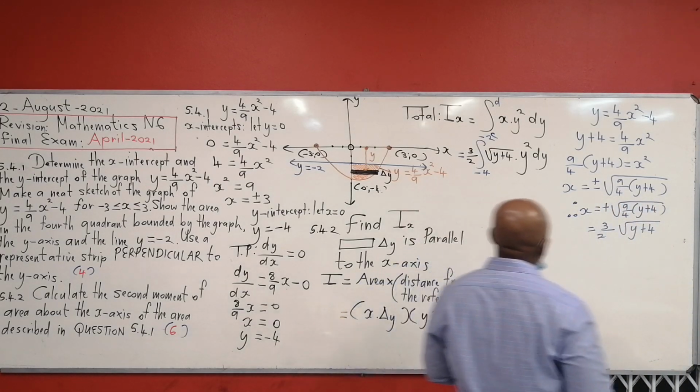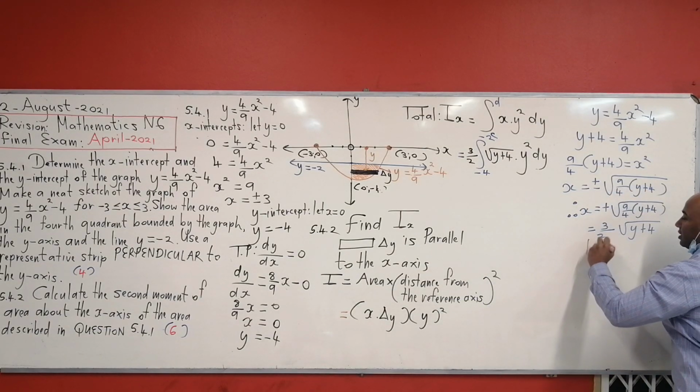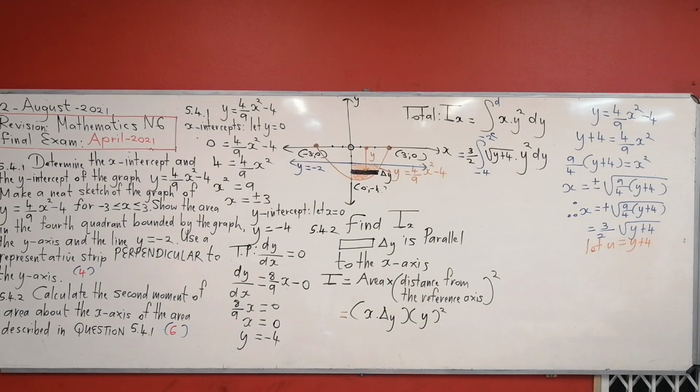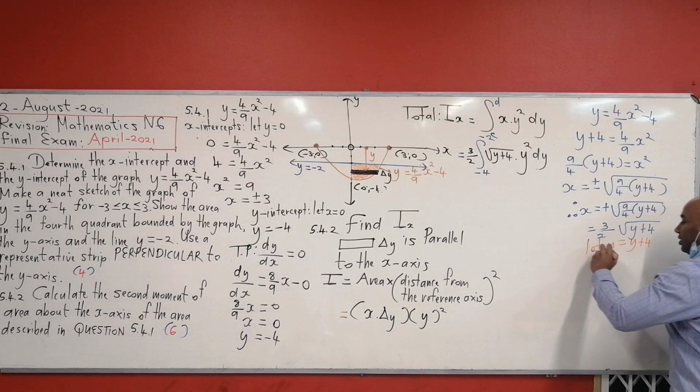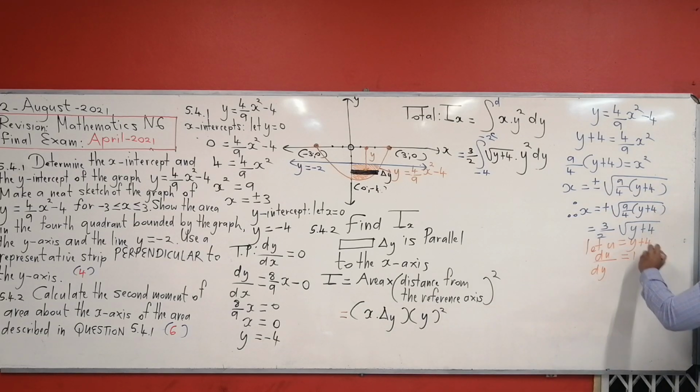So what do I mean? Right here, I can let u equal to y plus 4. If I let u equal to y plus 4, then I know that du over dy is equal to 1. So therefore du is equal to dy.